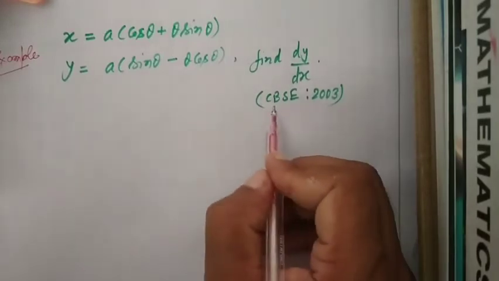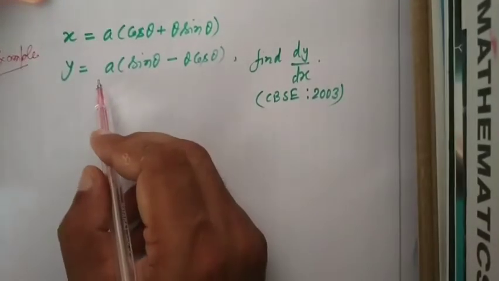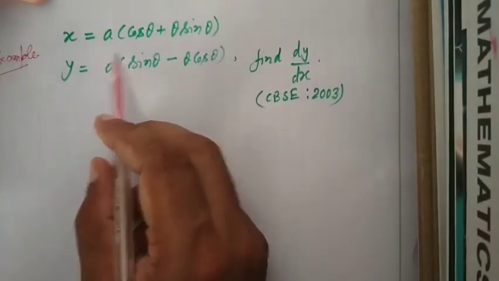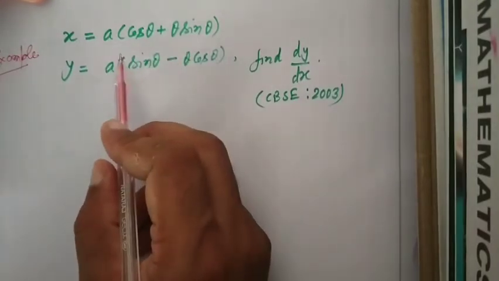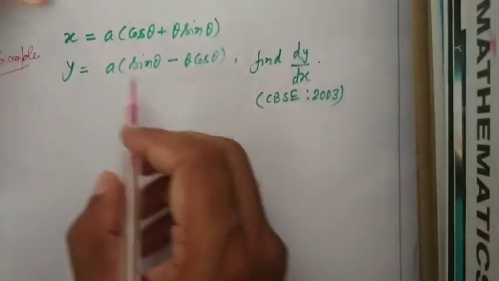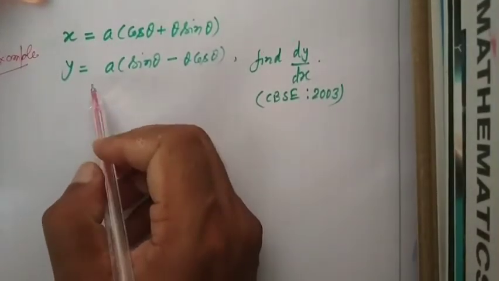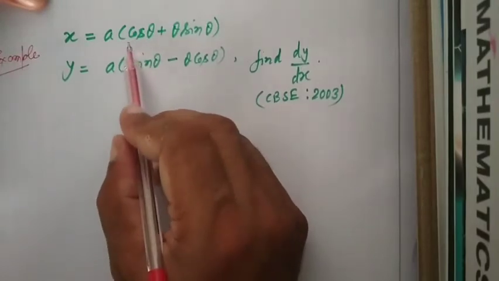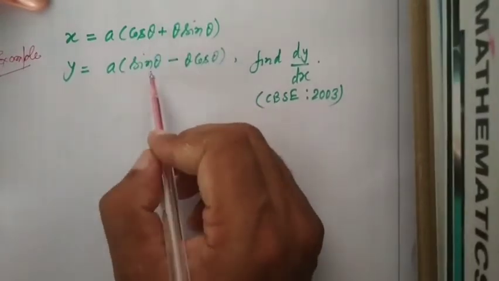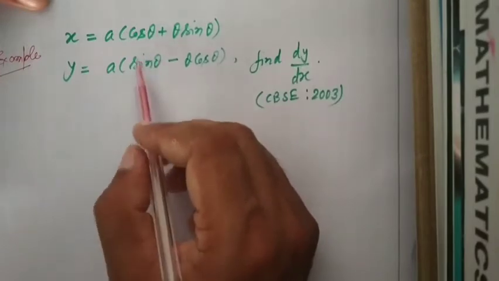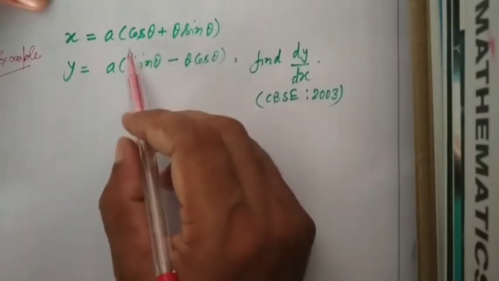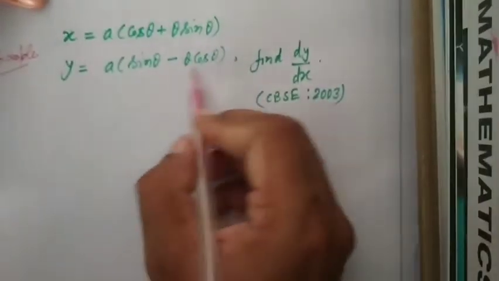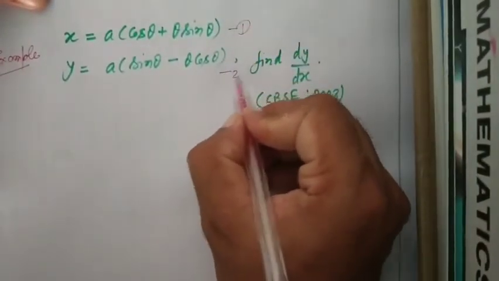This question was asked in CBSE 2003, and many such questions are going to come in your board exams also, where you can easily find the derivative dy by dx with the help of these two equations. Because you can see that both equations have the variable theta, theta is the parameter in which both equations are expressed. So we have to differentiate the first equation with respect to theta and the second equation also with respect to theta.